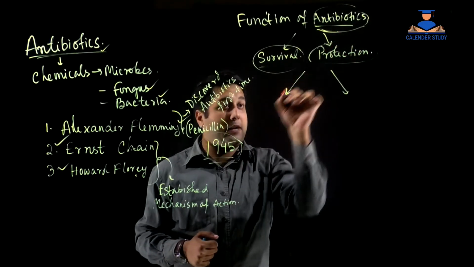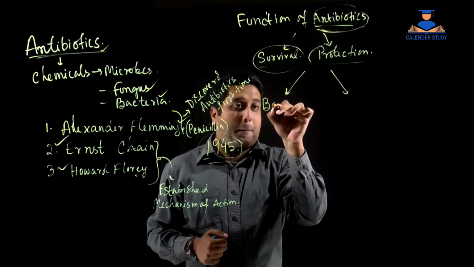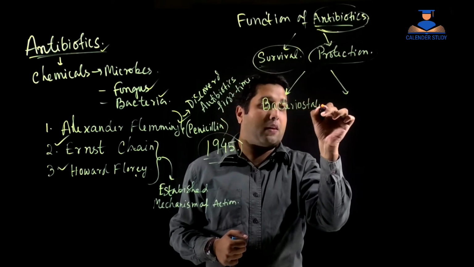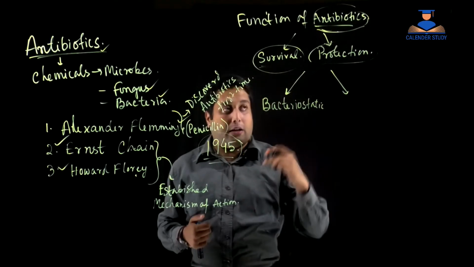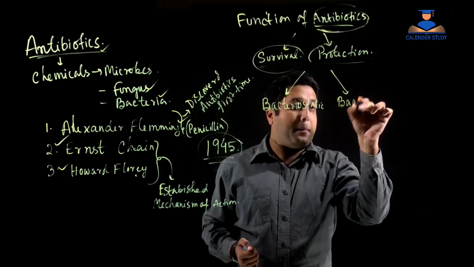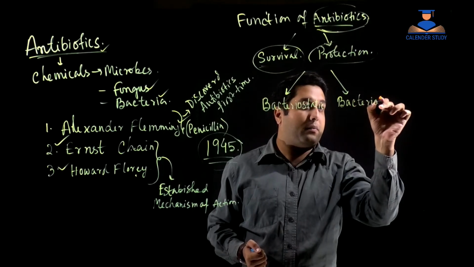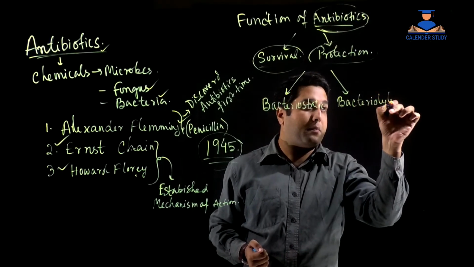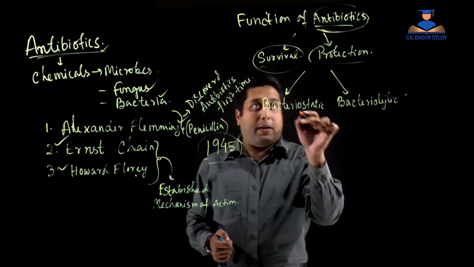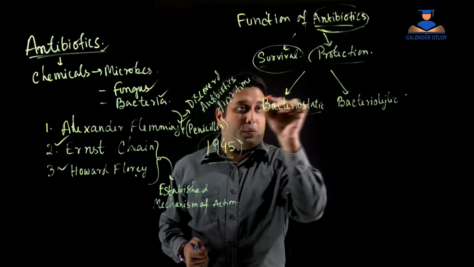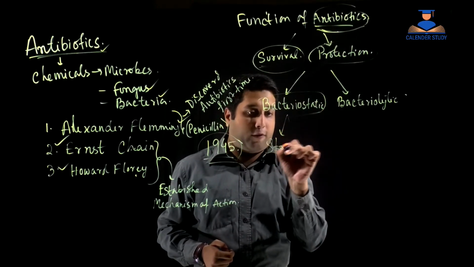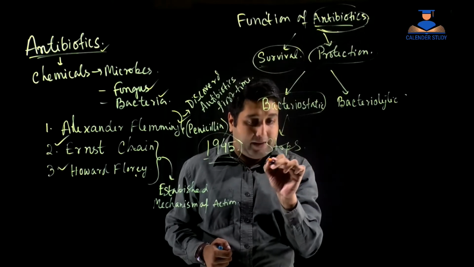One group of antibiotics is known as bacteriostatic, and the other group is known as bacteriolytic. The bacteriostatic group of antibiotics stops the growth of other microorganisms, mainly bacteria.